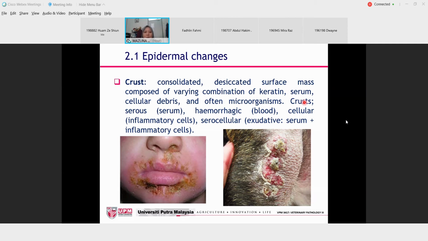For example, in the left-hand side image, these are crusts made up of serum, so the color is yellowish. If there is blood, then it is hemorrhagic crust. When you have inflammatory cells or a mixture, then you have serocellular crust. So it's basically an exudative type of lesion where there is serum mixed with inflammatory cells or maybe pus appearance. So it depends on the nature of the crust.